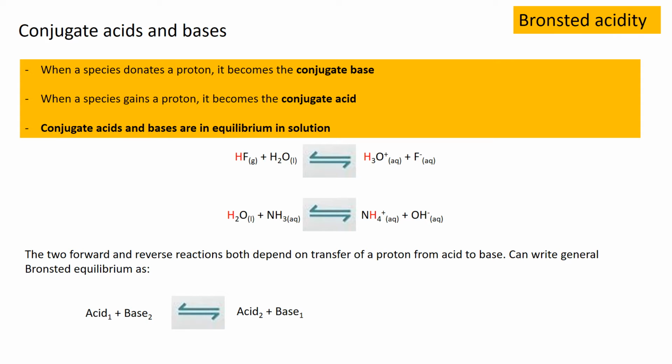Now, we can go a step further and start defining what we call conjugate bases and conjugate acids. So when a species donates a proton, it becomes the conjugate base. And when a species gains a proton, it becomes the conjugate acid. And indeed, conjugate acids and bases are in equilibrium in solution.